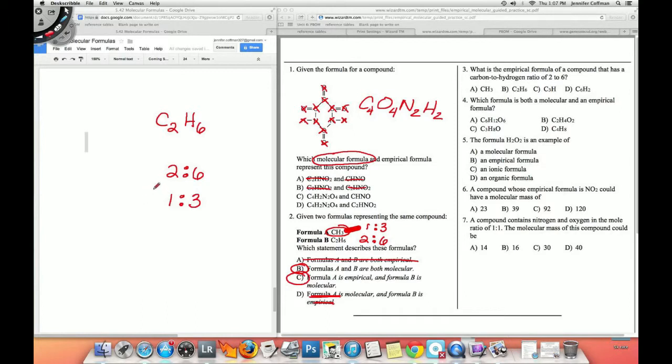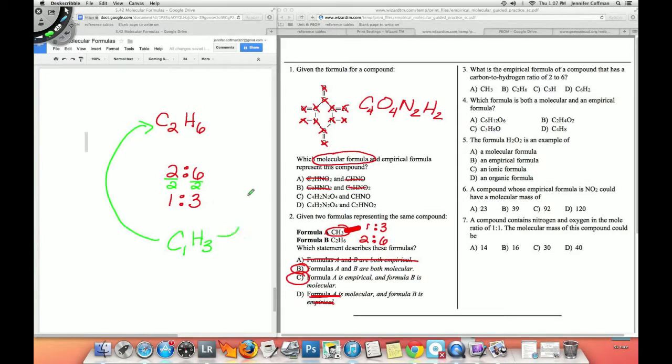And again, if you can't see that, the easiest way is to divide by the lowest number, which happens to be 2. 2 divided by 2 is 1. 6 divided by 2 is 3. So the ratio would be C1H3.